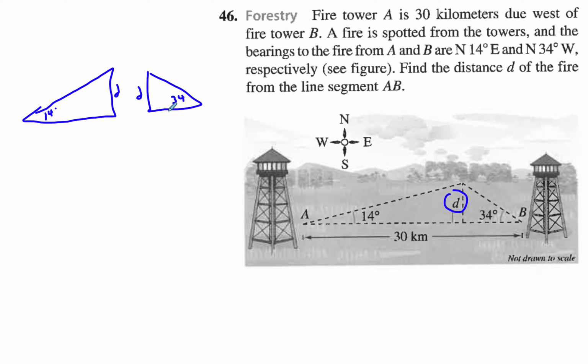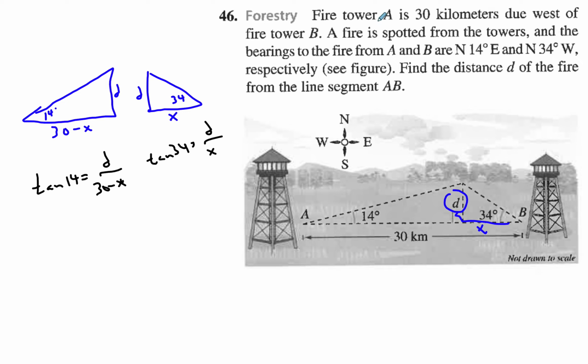So I'm going to go ahead and call this distance x. That is, this piece is going to be x right here, which means if the total distance is 30, that means this piece is 30 minus x. So what this does is gives us a way to set up a relationship using the tangent between these variables, opposite over adjacent, and that the tangent of 34 equals the opposite over the adjacent, okay?